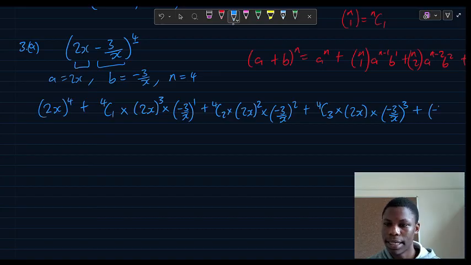So that's just negative 3 over x to the power of 4.